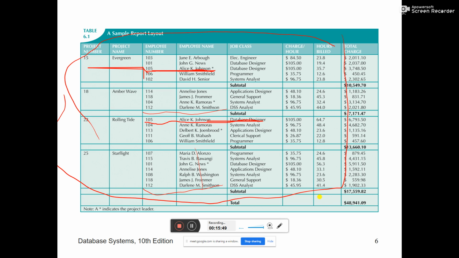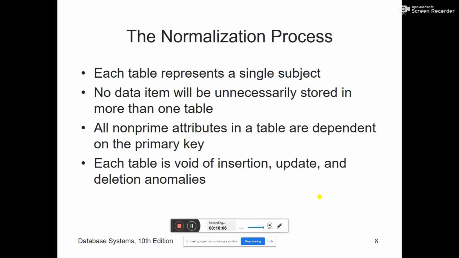A single subject can be a project, or an employee, or a job, the type of jobs we are offering in our company. But here this table is presenting multiple subjects. The first objective of normalization is that when you create a table, that table represents only a single subject.